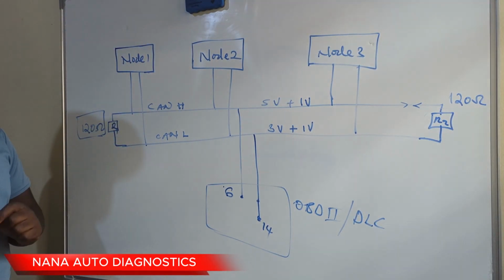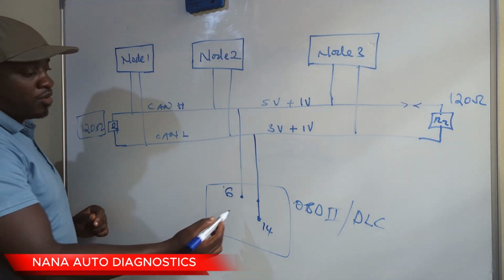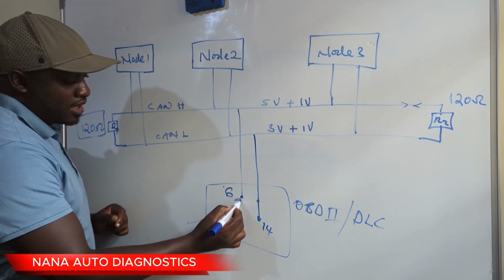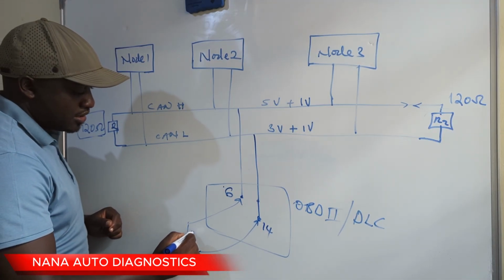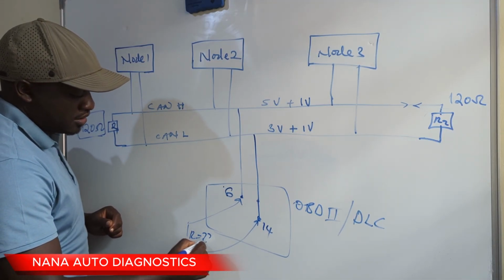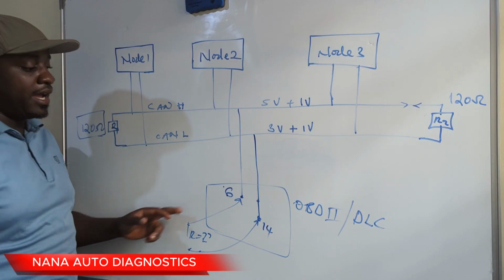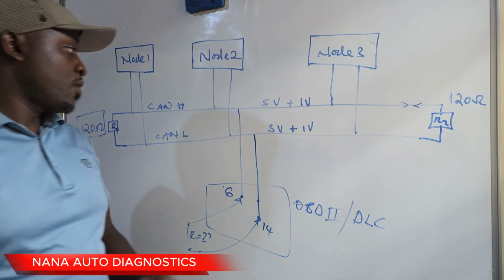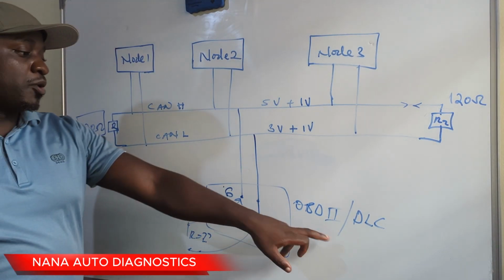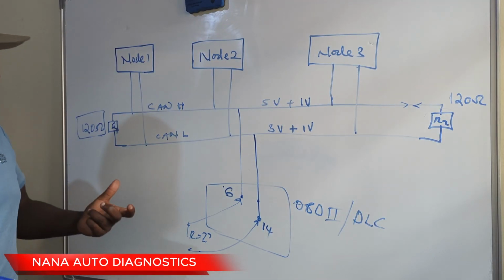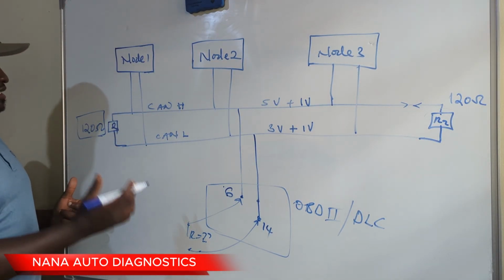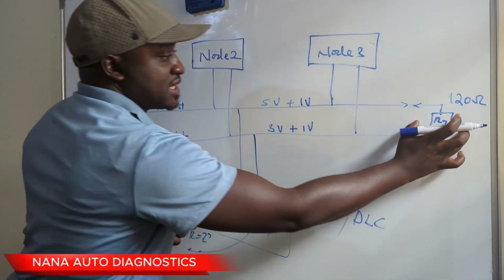So what happens is, if you get your multimeter and try to measure for the resistance between CAN high and CAN low from the OBD2 port, if the network is healthy, you get the effective resistance of these two resistors.